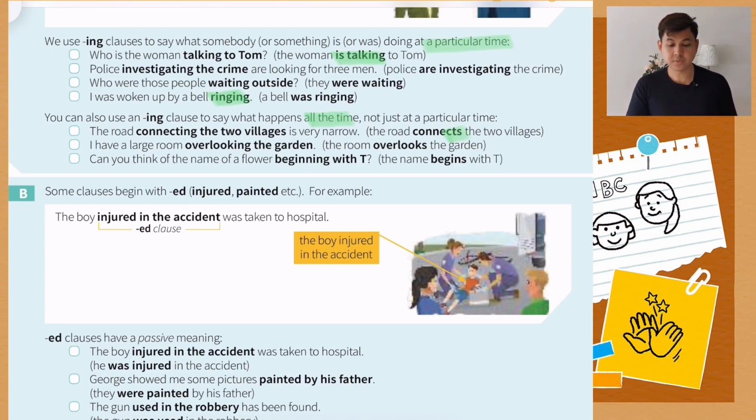I have a large room overlooking the garden. The room overlooks the garden, so I always see the garden from my room. Can you think of the name of a flower beginning with T? The name begins with T. As I told you, in this case, we always use present simple tense.